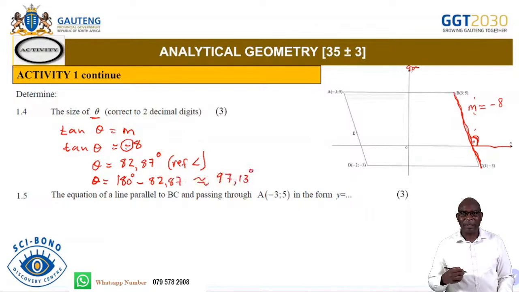But I know there are some learners who somehow get it right by getting the negative angle, and that negative angle that they get, they add it to 180 degrees, and they get the correct answer. That is also acceptable. You must just check how the teacher has taught you. If you're not sure about that, please disregard the negative and then subtract the angle from 180 degrees.